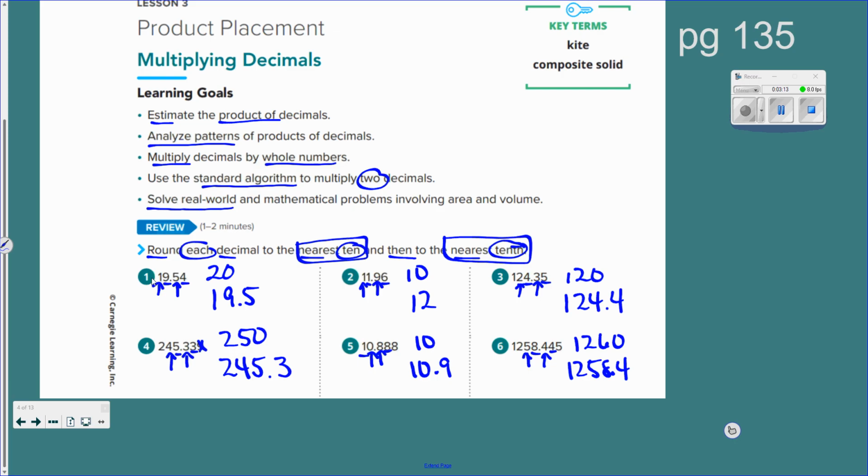If I'm rounding to the nearest 10, 1. So my 10th place is 1. 10. So 1 means I don't change it. It's 10. I think that should be really easy. Guys, other questions? Other questions?